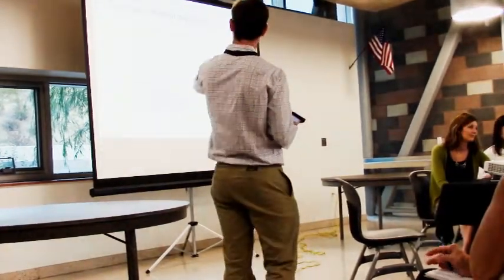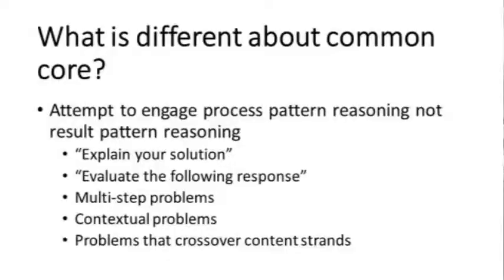The first is just a little bit about what's different about the Common Core. One phrase that I like is that the idea is trying to engage process pattern reasoning, not result pattern reasoning. You might hear this rephrased as, I want to see how kids are doing it instead of just getting answers. Answer getting is important. Ask any math teacher, they'll all tell you that's a critical aspect of mathematics.